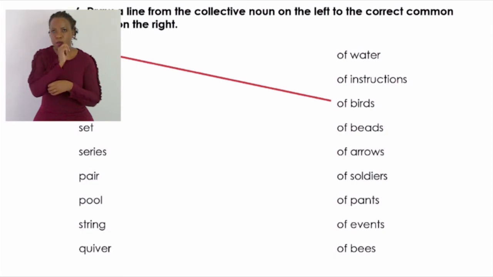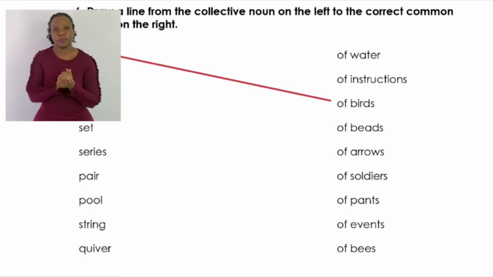So you join to the actual nouns, the common nouns which are on the right. The first one has been done for you. Flock, we say a flock of birds. Boys and girls, let's quickly complete the remaining part.